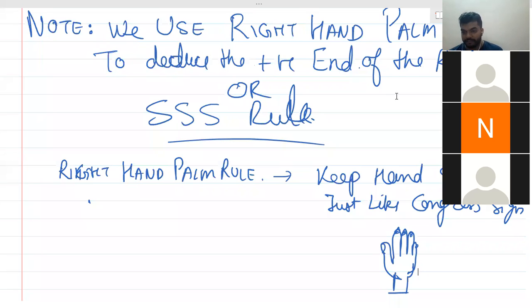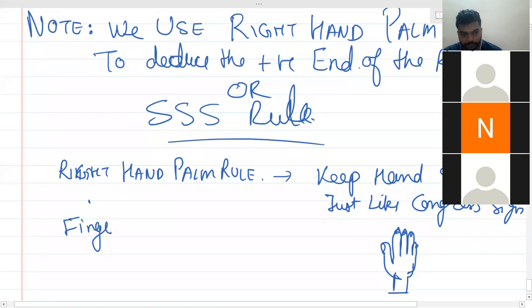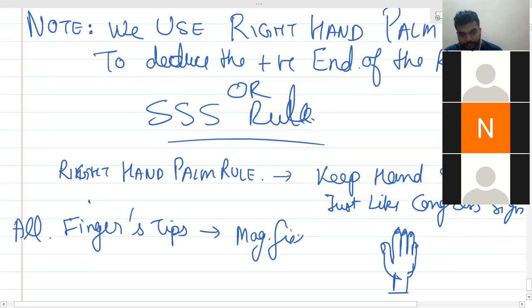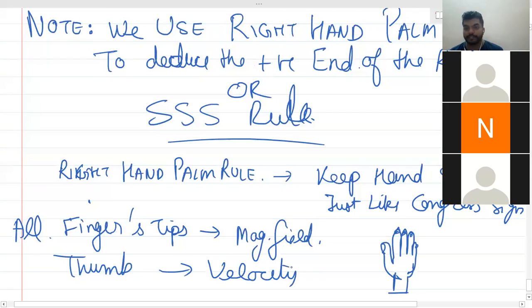Now what to do? All the fingertips should be pointing in the direction of the magnetic field. Thumb should be in the direction of velocity. So can you see your direction of thumb will be giving you what?